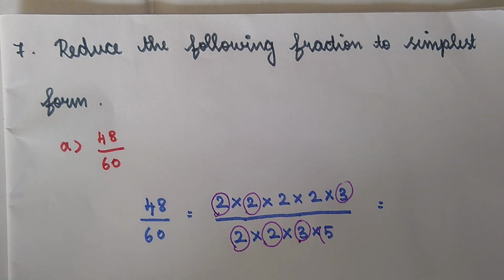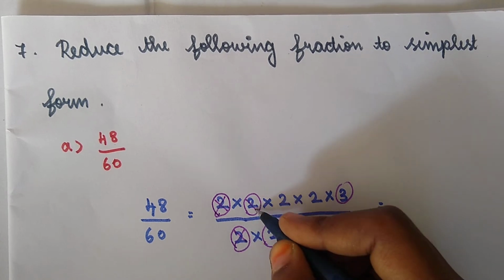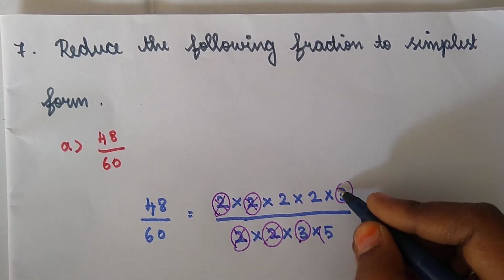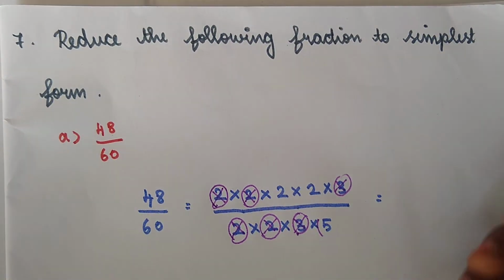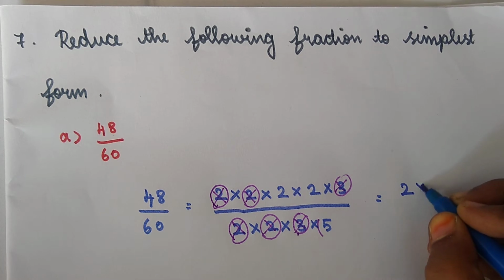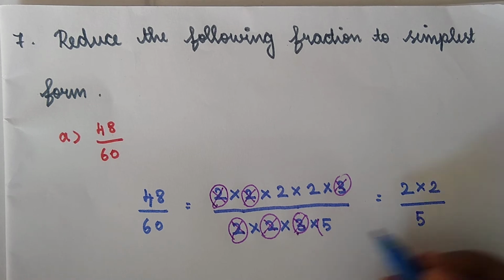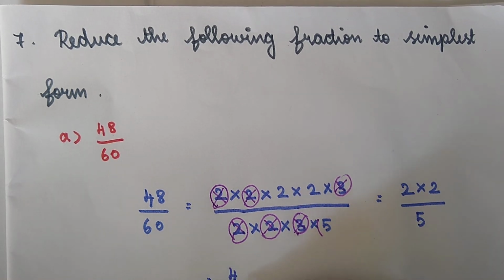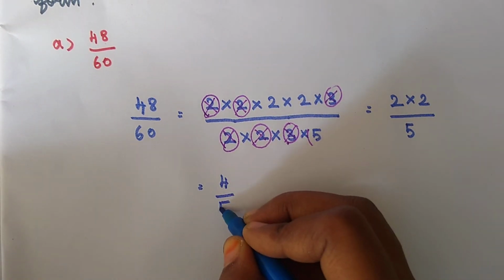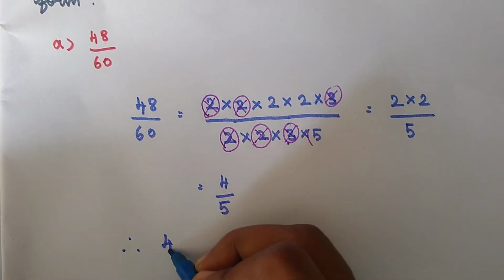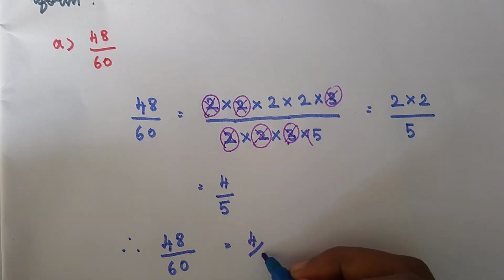So we have to cancel these numbers. We write the remaining numbers: 2 divided by 5... that is, 4 divided by 5. So therefore the simplest form of 48 divided by 60 is 4 by 5.